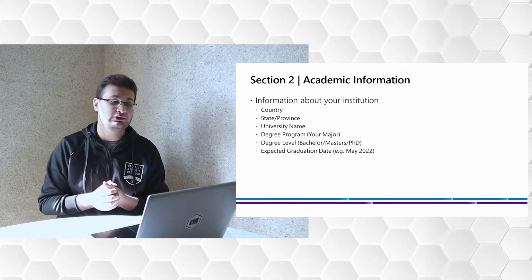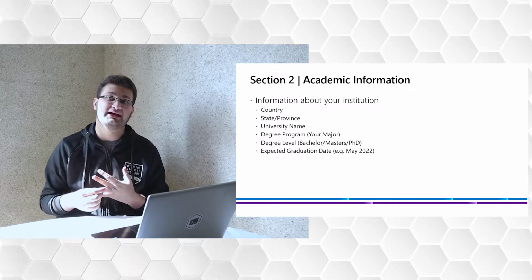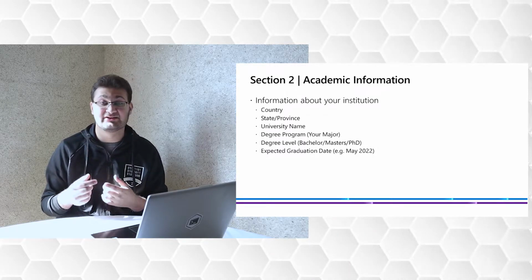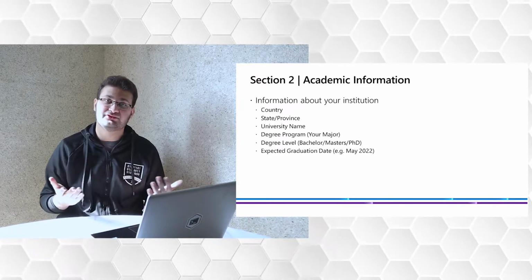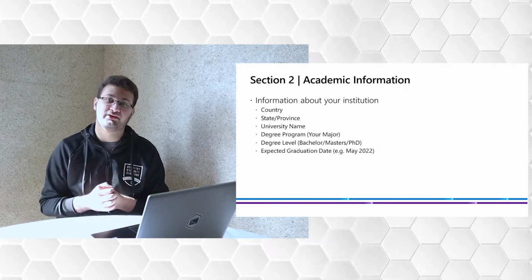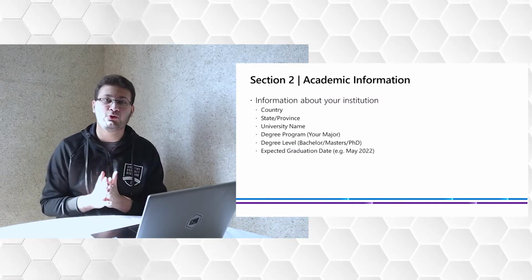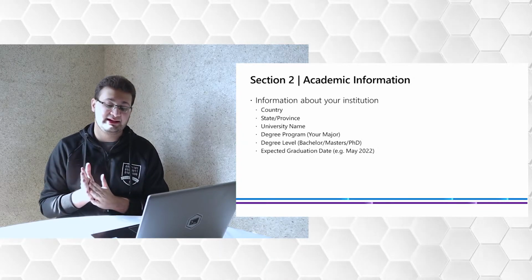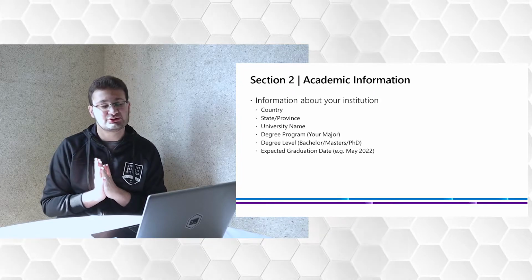So just put in all the information about your institution: its country, its name, your graduation date, your degree program, your degree level. Now degree program is the technology which you are majoring in. Like I am majoring in software engineering, you might be in electrical engineering, mechanical engineering. There is no restriction on the type of major you have to be, but it should be technical.